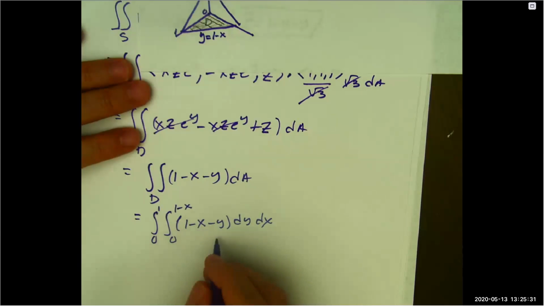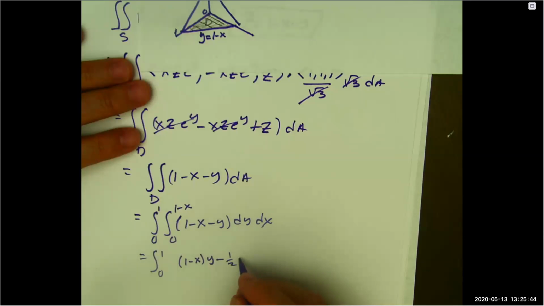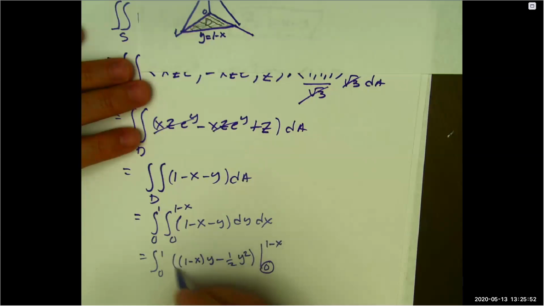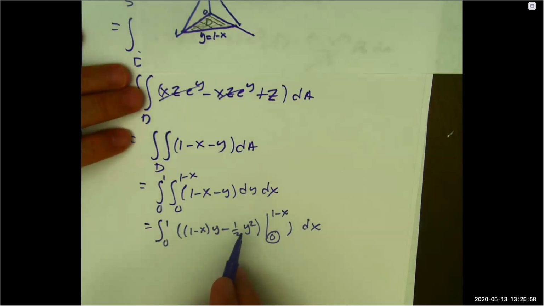So we're integrating with respect to y. So we'll have the integral from 0 to 1. We're going to have the 1 minus x times y, and then minus 1/2 y squared, and we're going to go from 0 to 1 minus x. Everything's going to be 0 at the lower limit. And so when we put in the 1 minus x, we'll have the integral from 0 to 1 of 1 minus x squared minus 1/2 of 1 minus x squared.